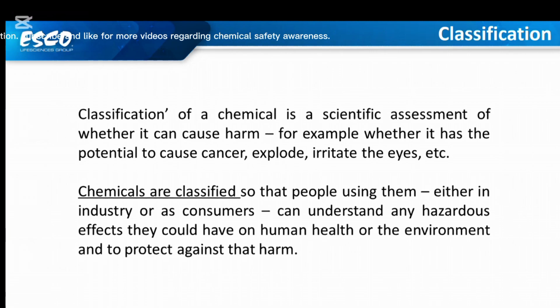For example, whether it has the potential to cause cancer, explode, irritate the eyes, and so on. So chemicals are classified so that people using them, either in industry or as consumers, can understand any hazardous effect they could have on human health or the environment, and to protect against that harm.